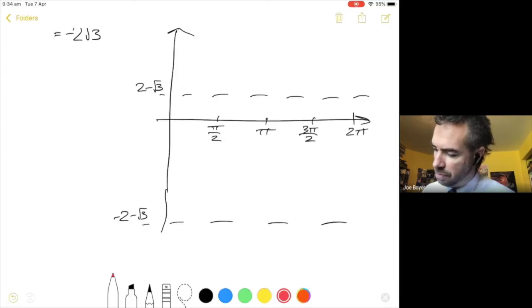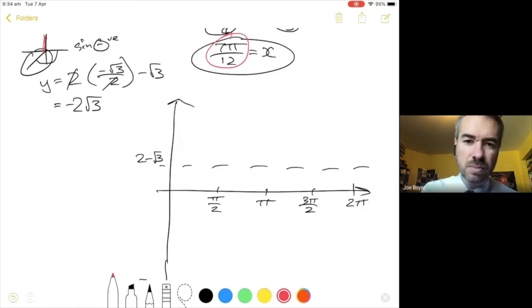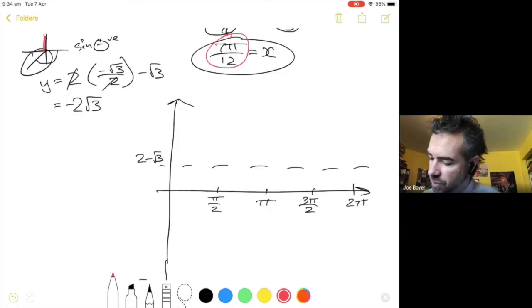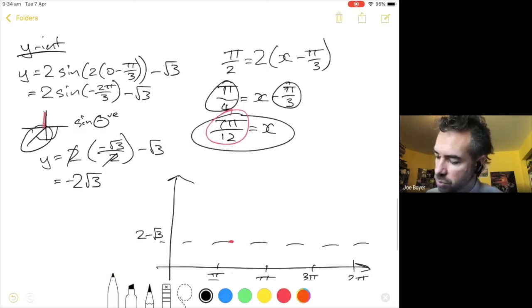So I'm going to get a maximum at 7 pi on 12. Think about where that is as a fraction. 7 on 12 is a little bit more than half, so that's going to be a little bit more than pi on 2. Oh, sorry, that was my maximum, not my x-intercept. And then we're also going to get one every period after that. So if it's 7 pi on 12, a period is pi, which is 12 pi on 12.